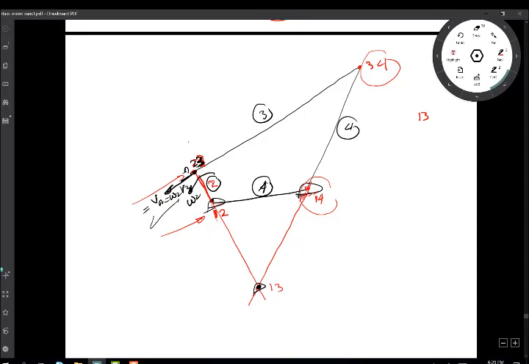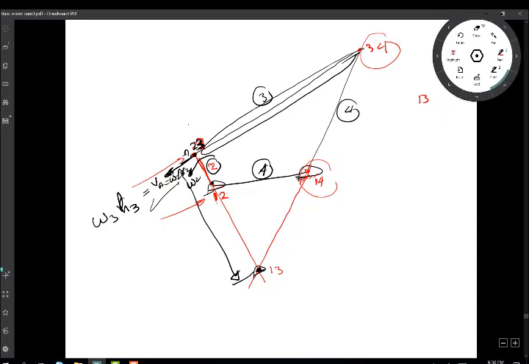I can write it's equal to omega 3 times all this distance. Let's call it h3. All this distance from here to there. Because at this point in time, link number 3 is as if it is just doing pure rotation about 1, 3, and I can calculate the velocity of any point on it by connecting the point to the pole and then multiplying the distance by omega, and it will give me even the direction and the value of the velocity.